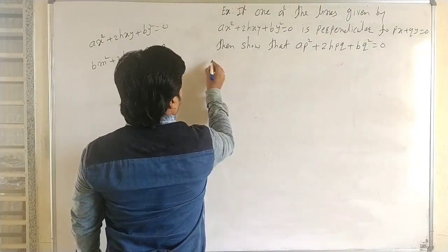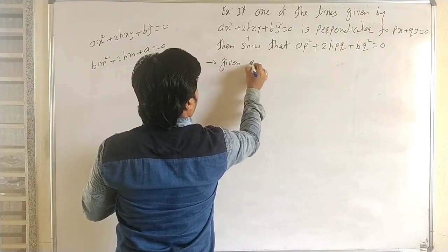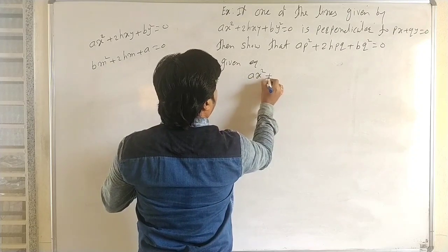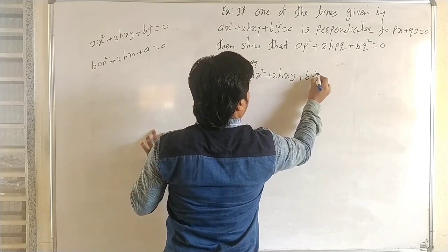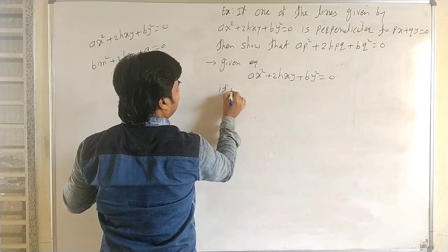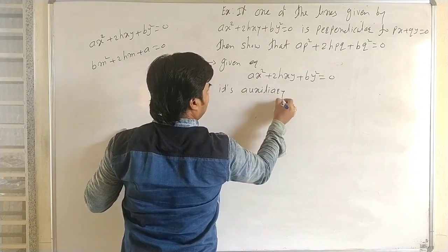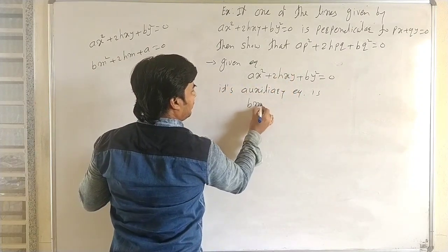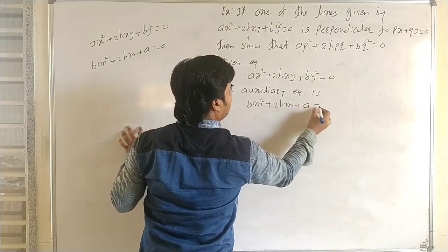Now, given equation ax square plus 2hxy plus by square equal to 0. Its auxiliary equation is bm square plus 2hm plus a is equal to 0.